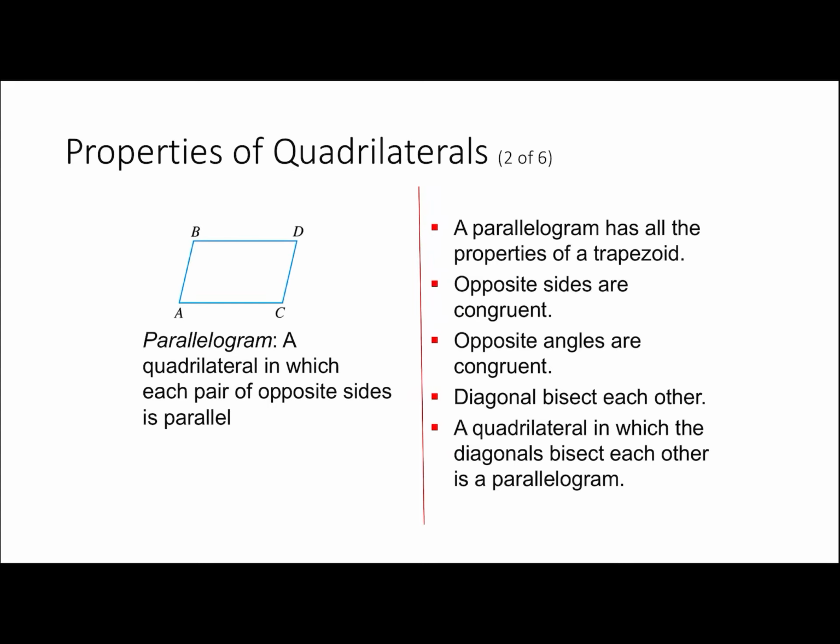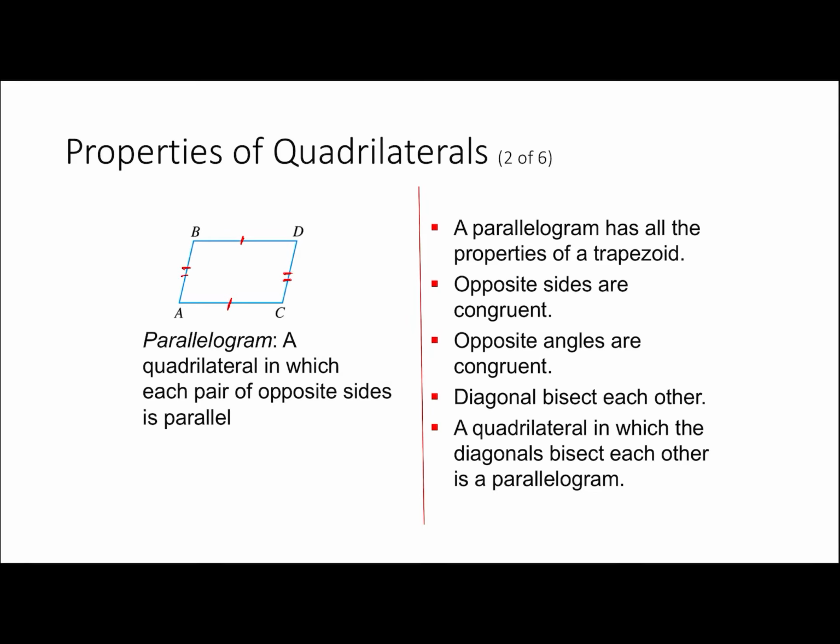Let me back up so you can see those. Consecutive angles are supplementary. Notice it doesn't say of an isosceles trapezoid, it's just of a trapezoid. So the properties of the trapezoid apply to this.